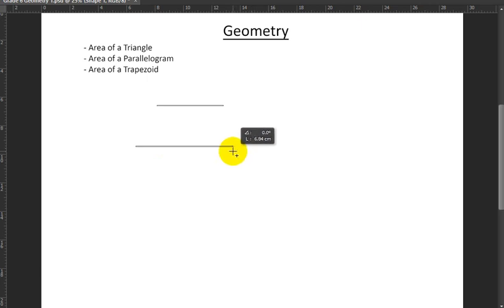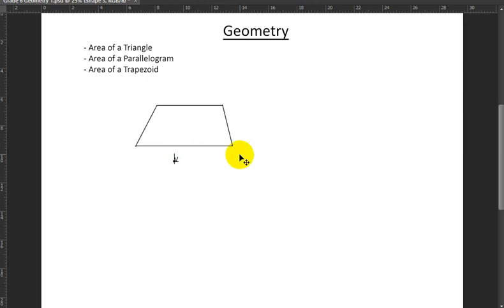So let's say something like this. Here, what is going on is we have 2 bases for this shape.